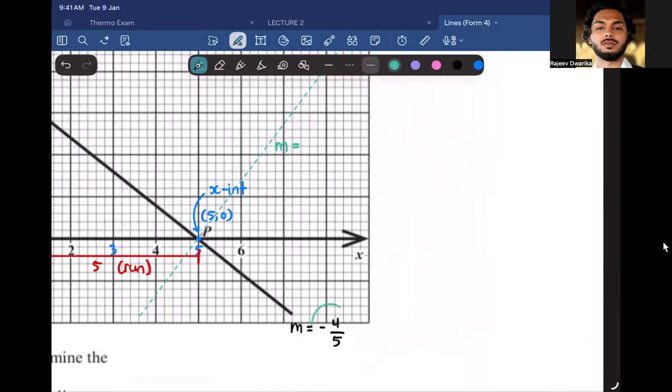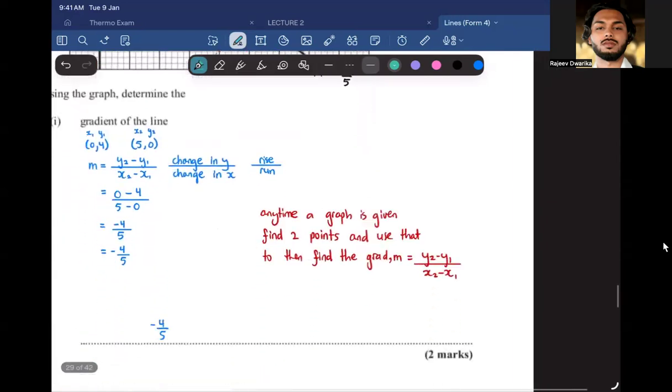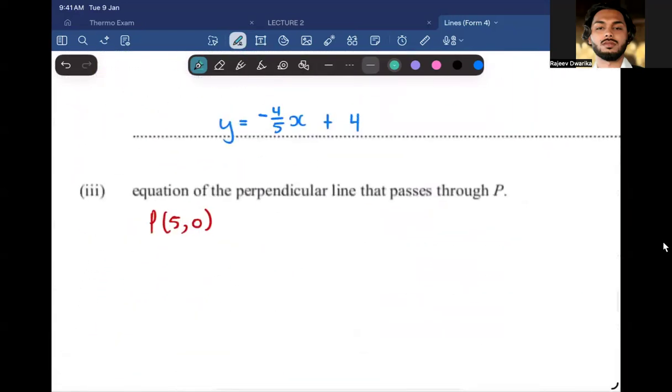Right now we have a negative sign, so it turns to a positive. And if you flip 4/5, you get 5/4. Great, 5/4. So do we have the gradient of the perpendicular line now? Yep.